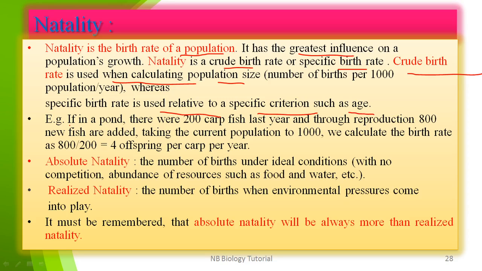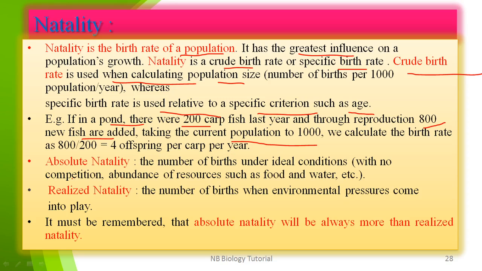For example, if in a pond there were 200 crayfish last year, and through reproduction 800 new crayfish are added, taking the current population to 1000, we calculate the birth rate. That is 800 divided by 200, which is equal to 4 offspring per crab per year.